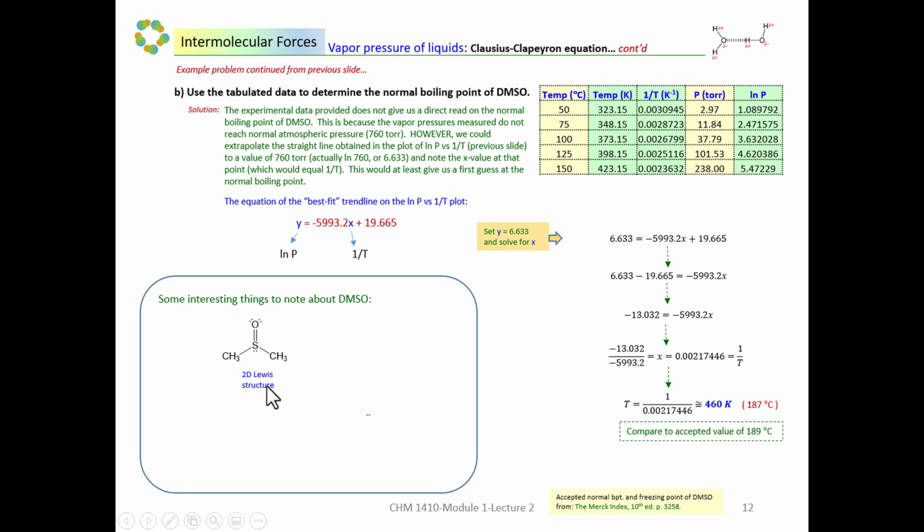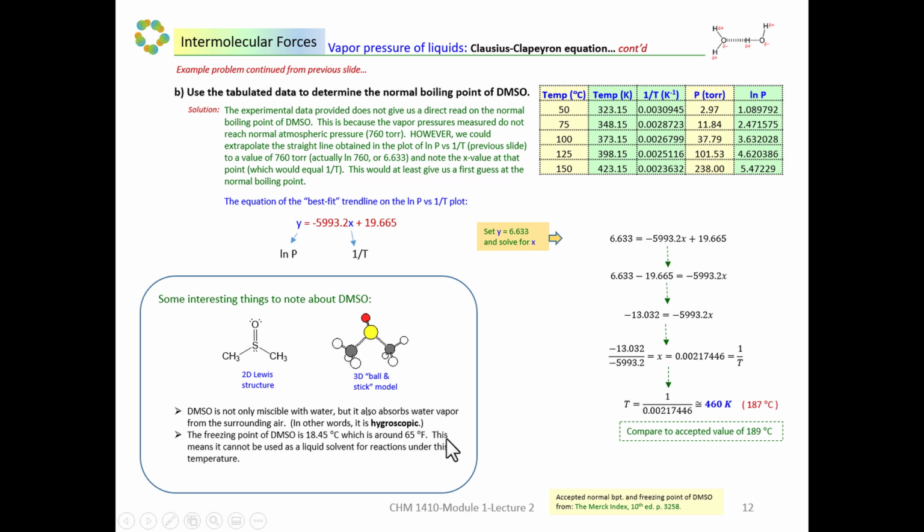This would be a 3D ball and stick model of the same molecule. Now, DMSO is not only miscible or soluble in water, but strangely enough, pure DMSO liquid absorbs water vapor right out of the surrounding air. In other words, it's what we call hygroscopic.